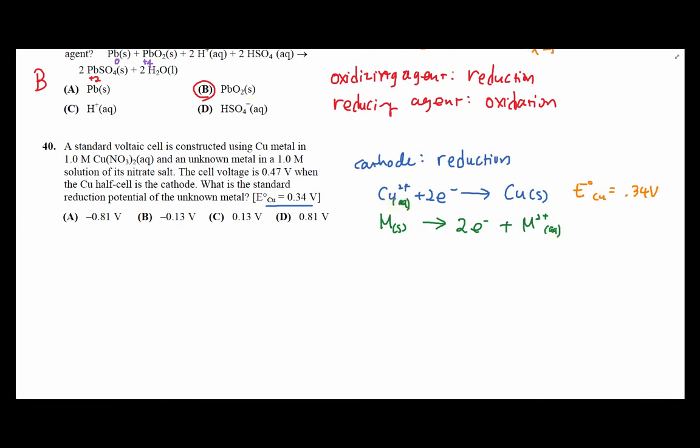And we do not know the standard potential. But since it's reversed, we're going to have a negative in front, and I'm going to set that equal to X. And they gave us the cell voltage, the sum of the standard potential for each half reaction, is 0.47.